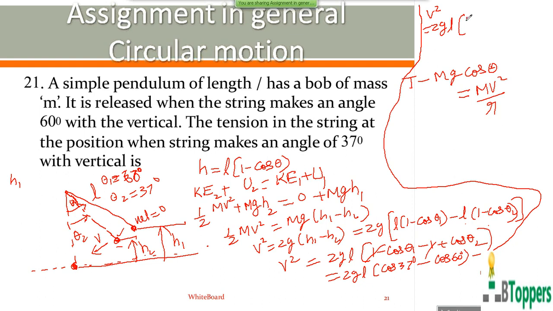Cos 37 degrees you can take as 4 by 5, and cos 60 degrees is 1 by 2. So 2gL into 3 by 10, or v square equals 3gL by 5.